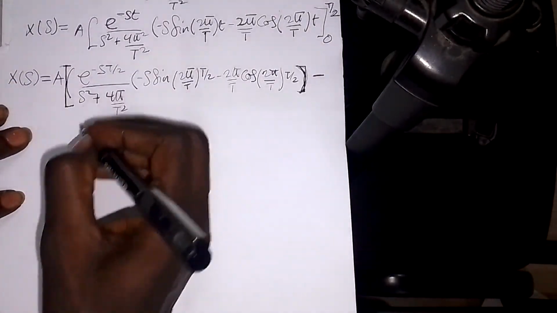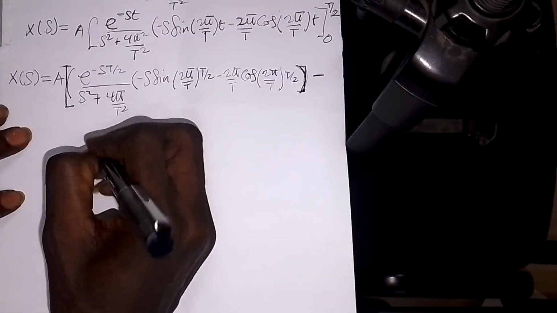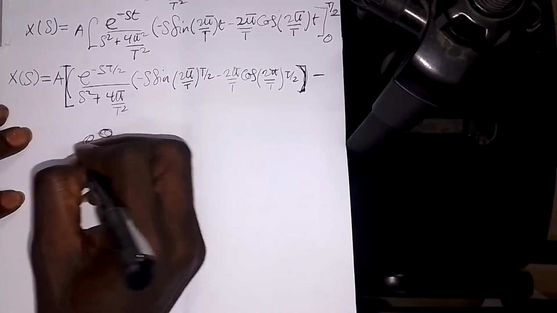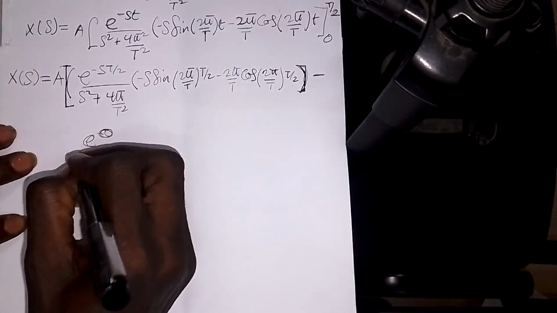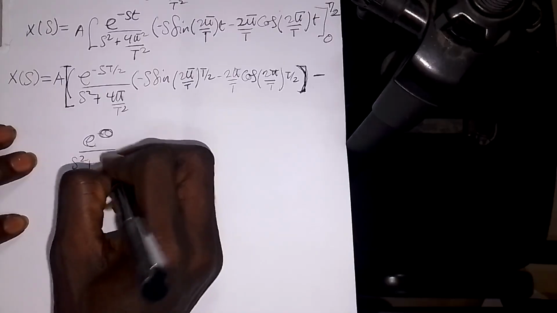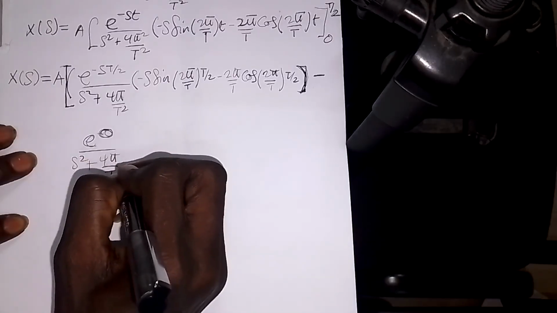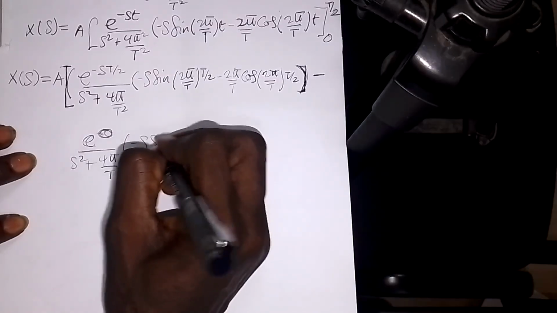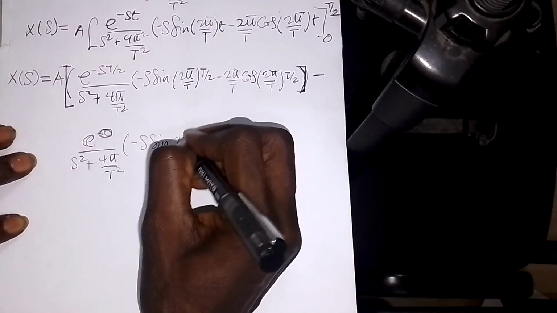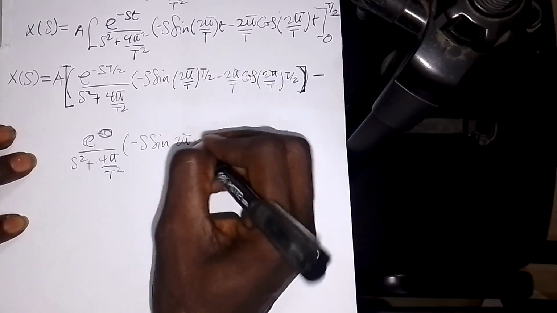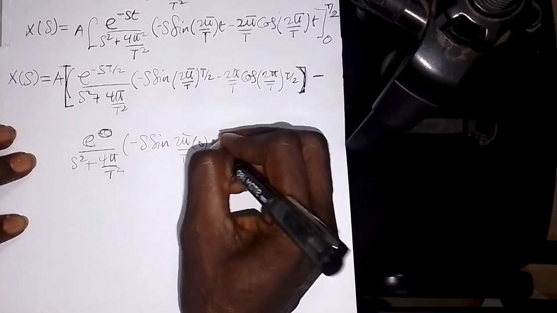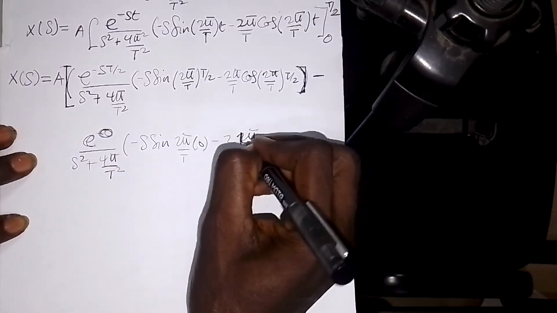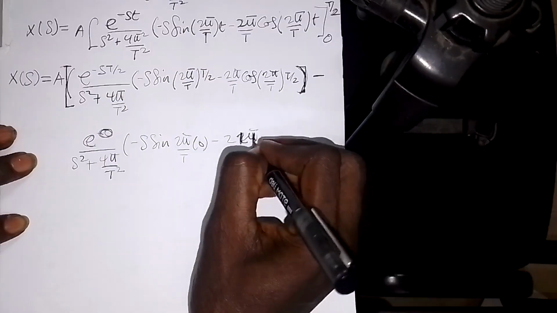So basically I'll have e exponent 0 over s squared plus 4 pi t squared, into minus s sine 2 pi over t into 0, minus 2 pi.